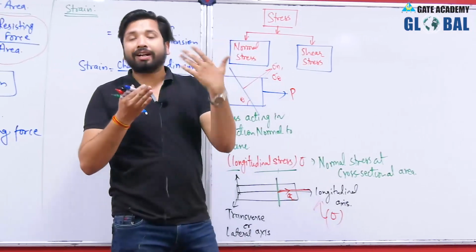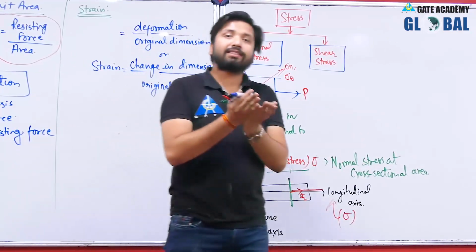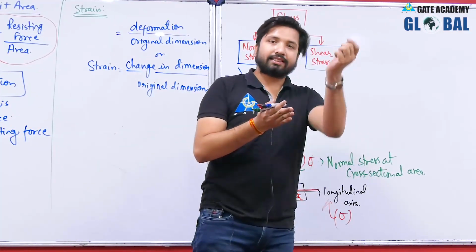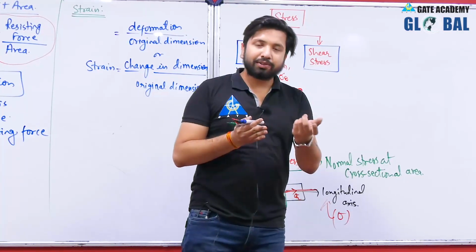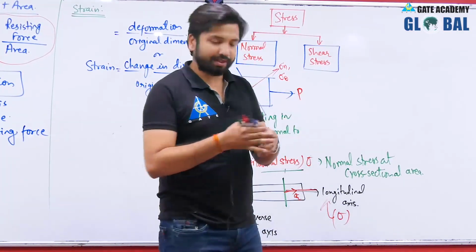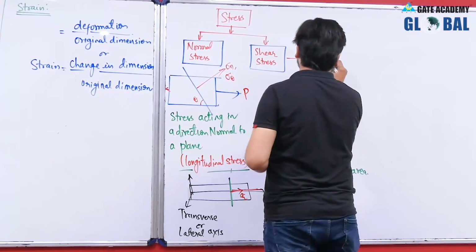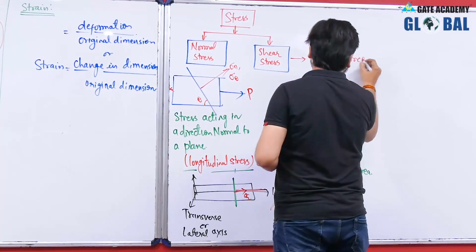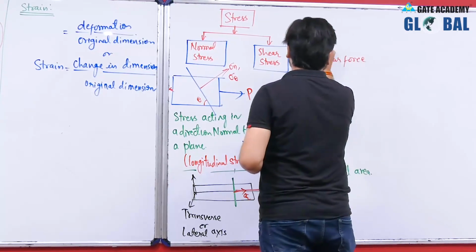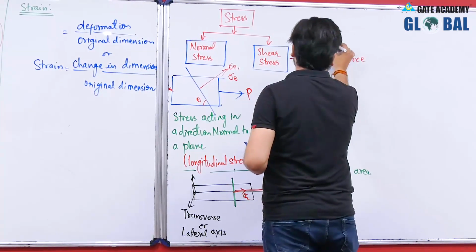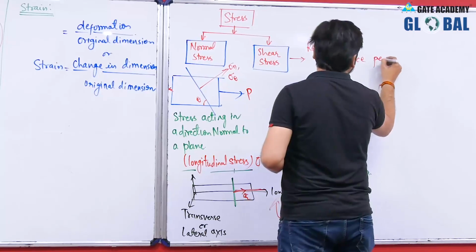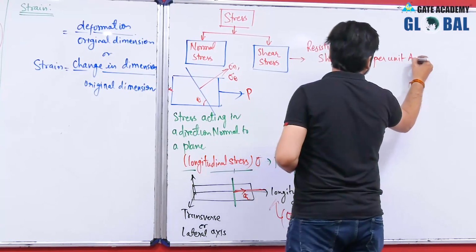Then there will be a tendency in the material to stop this relative motion, and hence a resisting force will set up, and due to this resisting force there will be a shear stress. So, shear stress is shear force or resisting shear force per unit area, okay.